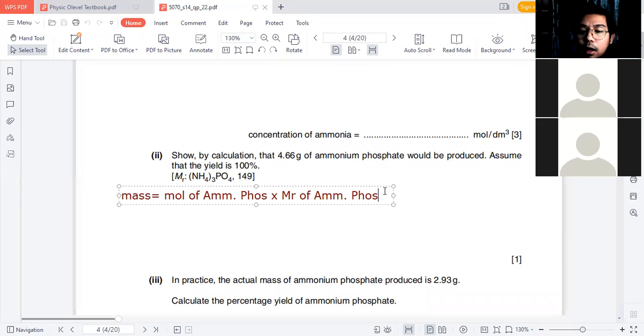Mass of ammonium phosphate is equal to the mole 0.03125 times the Mr of ammonium phosphate, which was given there as 149. So it's 0.03125 times 149, which is about 4.65.